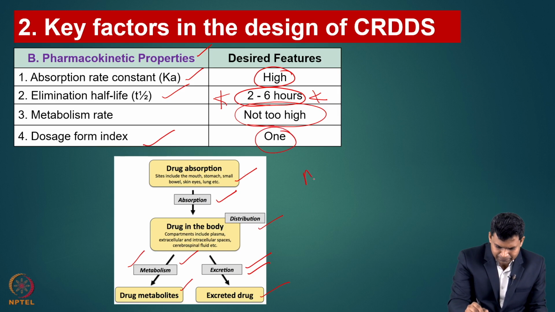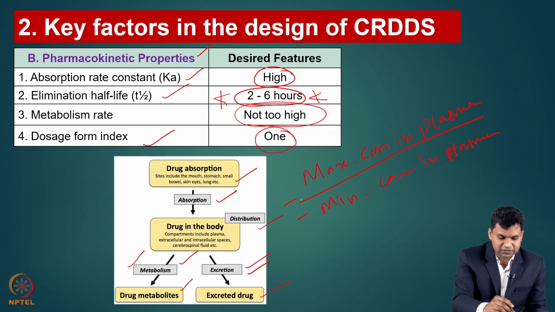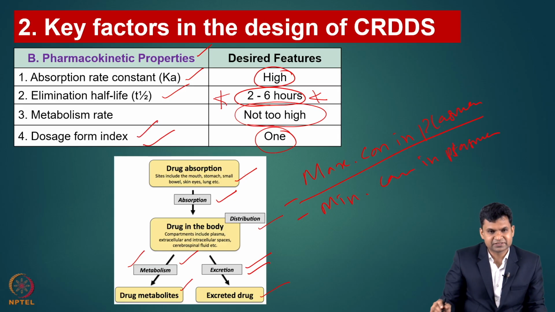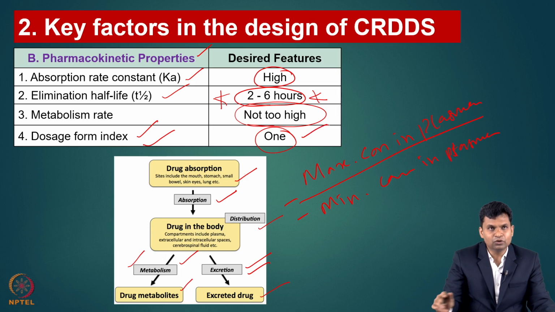So, maximum concentration of the drug in the plasma versus maximum concentration of drug in the plasma by the minimum concentration in the plasma. So, that gives the dosage form index. So, while designing any dosage, we need to consider dosage form index that should be below 1.